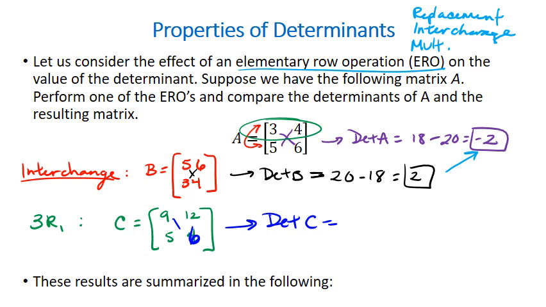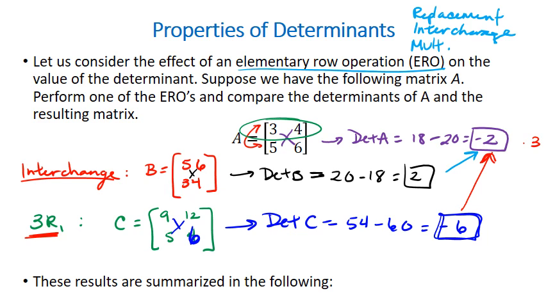I take 9 times 6, which is 54, minus 60, which gives me a -6. Okay, well, how does the determinant of this compare? Well, I multiply the original determinant by 3, which happens to be what our scalar multiple was. Interesting.